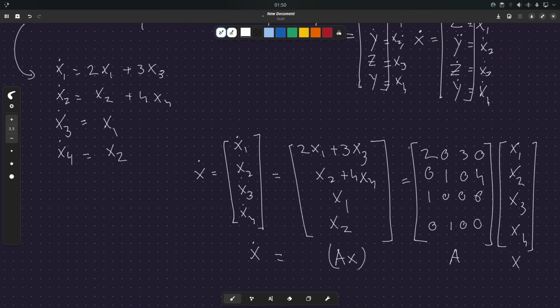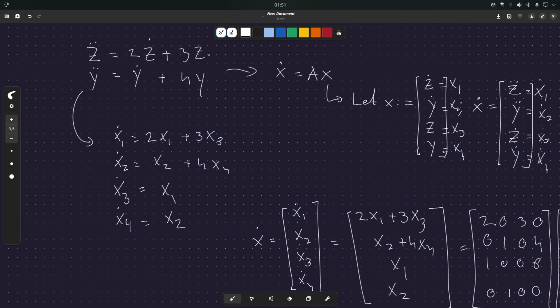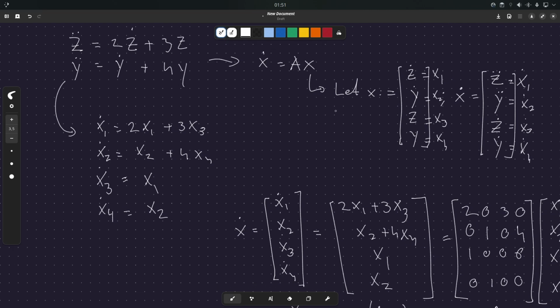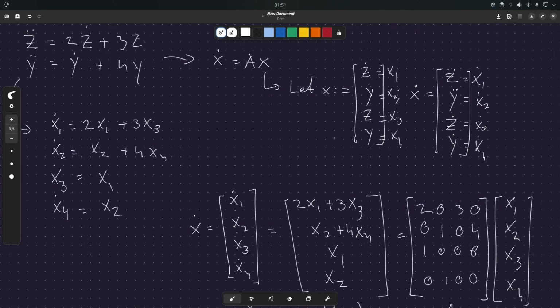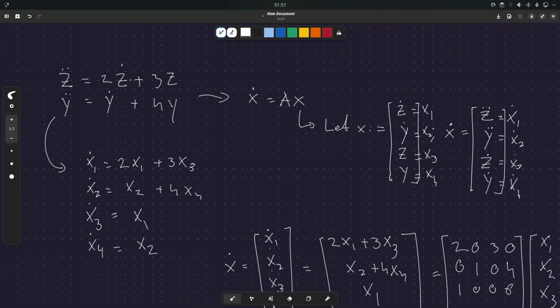But the important thing that you need to realize is that whatever our variables are here with the order of differentiations, that's just going to be our x. And you can pick the order any way you want. What I always do is the highest orders of differentiation are my first ones in my x matrix, and then I work back towards the 0th order differentials.